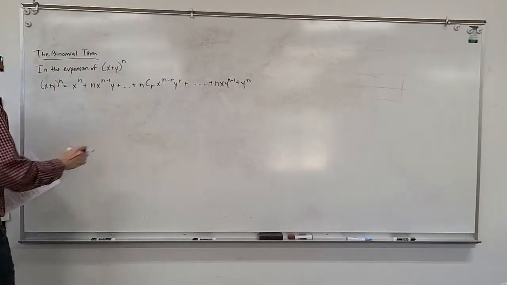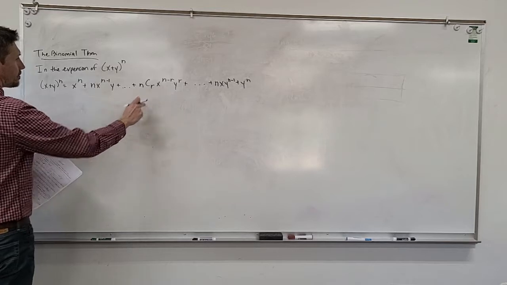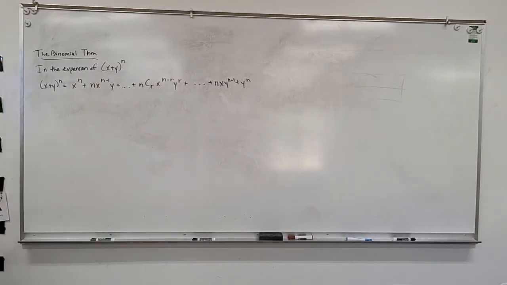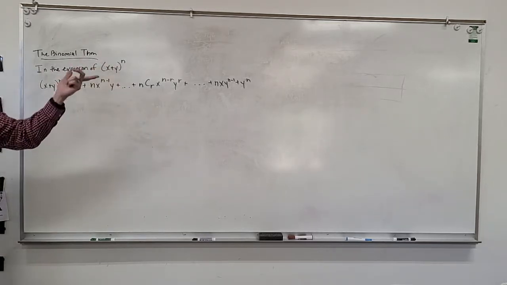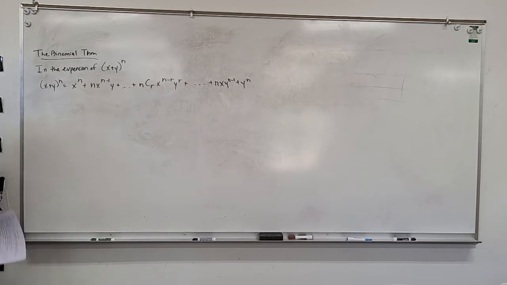All right, so like I said, we're focusing on this coefficient right here. If you think about the way this works, let's just say this is x plus y to the third power, to keep it simple.